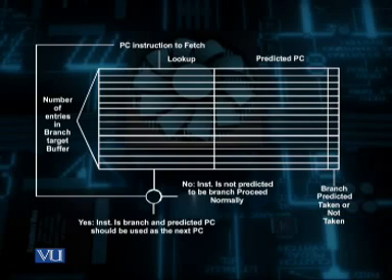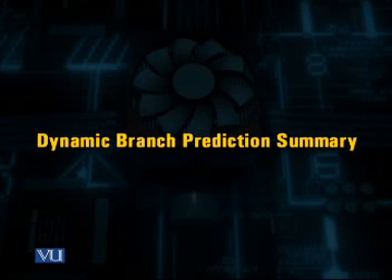Whereas if they are not equal, then the instruction is not predicted to be a branch, therefore proceed normally. Now, summarizing our discussion, the branch history table contains 2 bits for loop accuracy. The correlation predictors take into consideration recently executed branches correlated with the next one, and the branch target buffer, which we discussed at the end, includes the branch address and predictions.